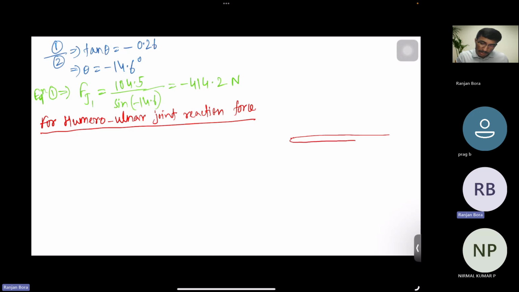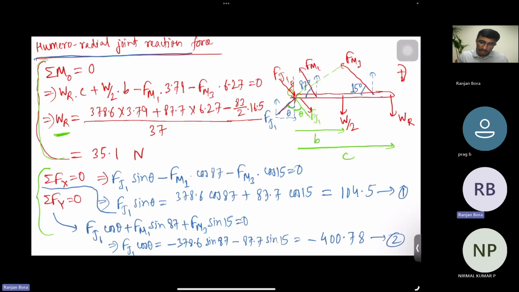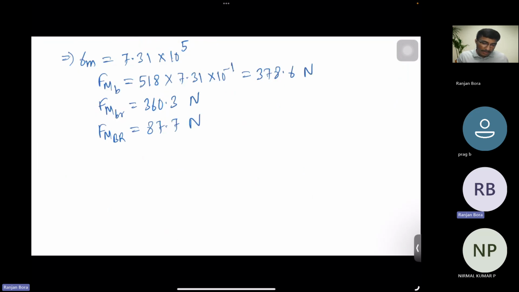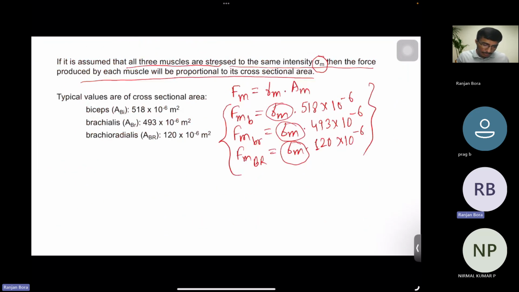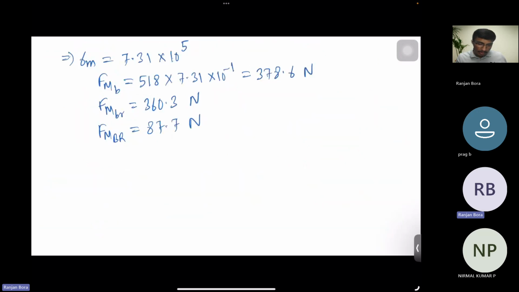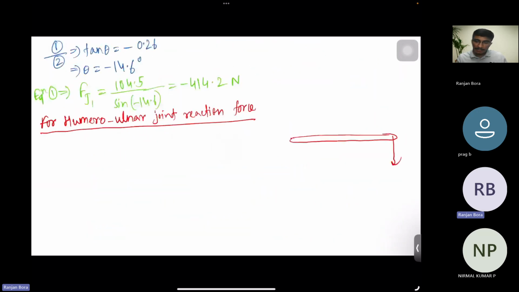It will be something like this. The actual load that was given is 58, and we have got WR as 35.1. So it will be 58 minus 35.1 Newton.